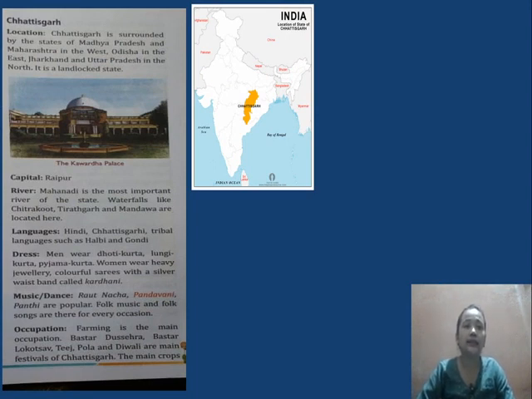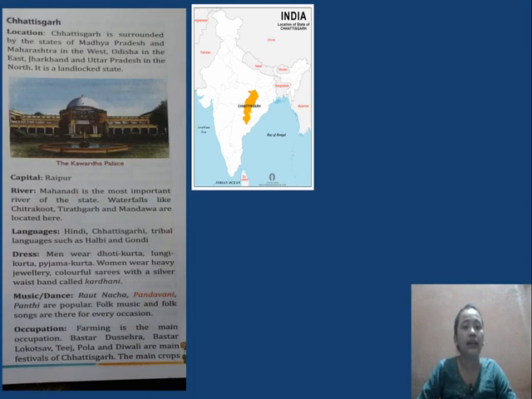Chhattisgarh is surrounded by the state of Madhya Pradesh, which we have just read about. So now we are going to discuss Chhattisgarh. It is surrounded by Madhya Pradesh and Maharashtra in the west, Orissa in the east, and Jharkhand and Uttar Pradesh in the north.